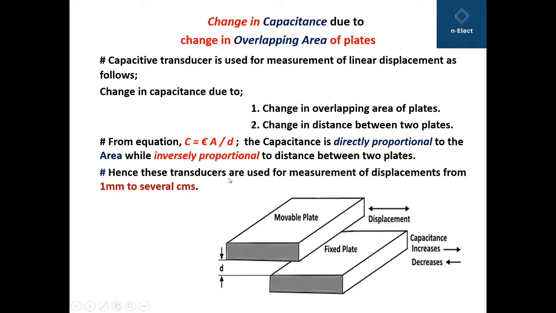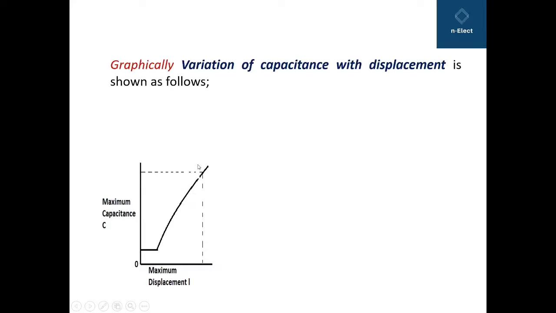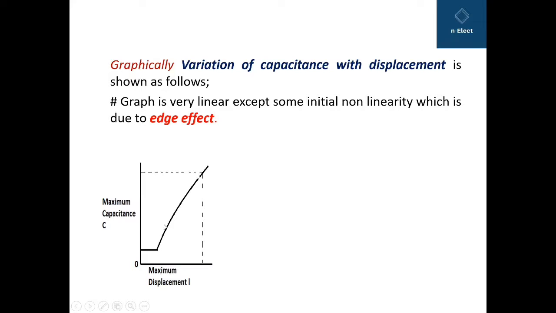Hence, these transducers are used for measurement of displacements from 1 millimeter to several centimeters. Graphically, variation of capacitance with displacement is as shown below. Capacitance is shown on the y-axis while the displacement is shown on the x-axis. You can observe that the graph is very linear except for some non-linearities which are due to the edge effect of the plates.